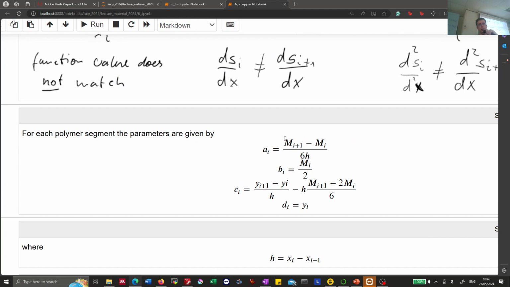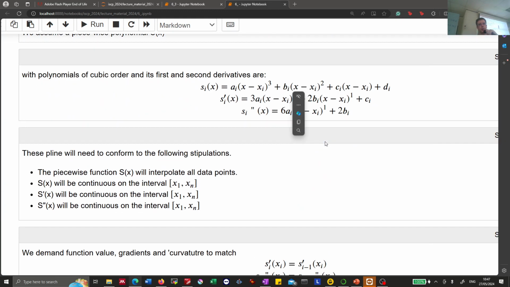So in this notation, I actually never really properly define what's M1 and M2. Did I?